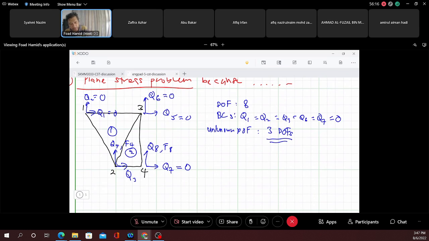We are interested in Q3, Q4, and Q8. So we already know that the final SLE will be a 3 by 3 matrix. Okay, so if you get more than 3, I think you know that something is wrong somewhere.